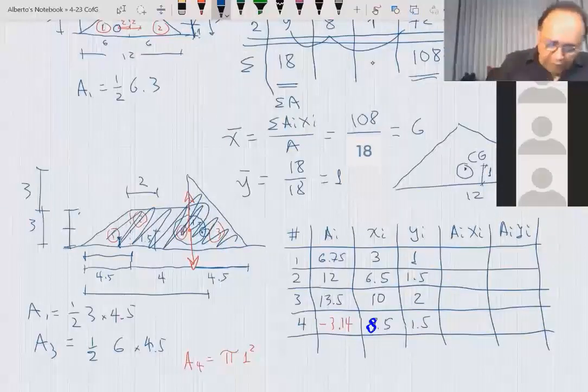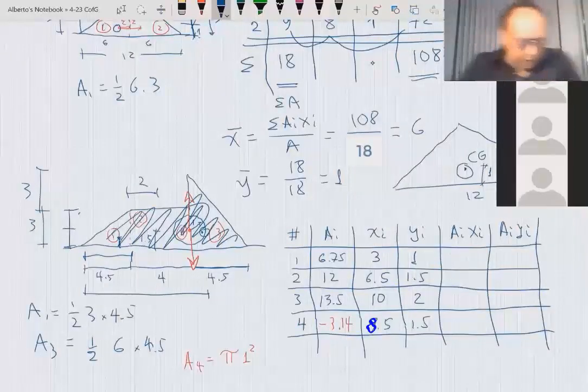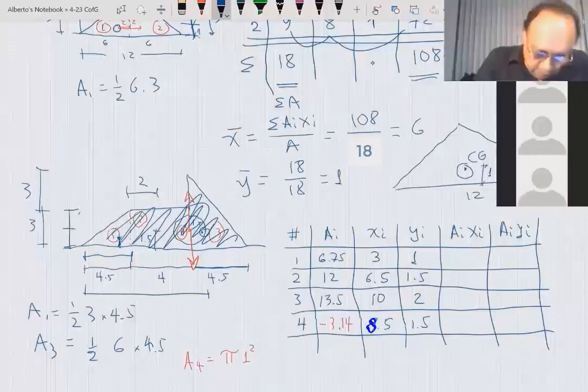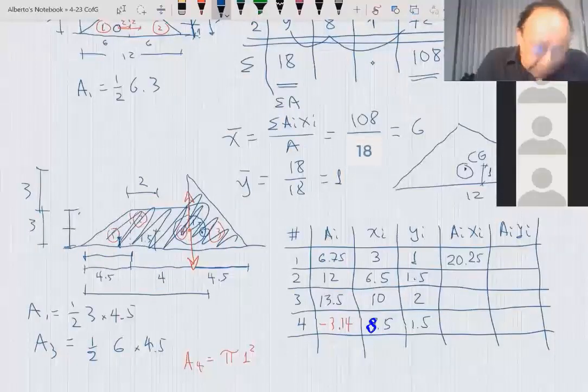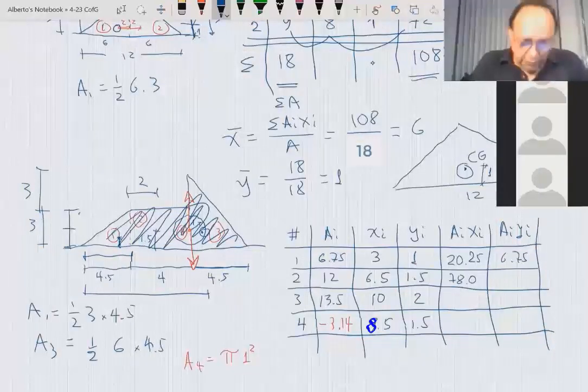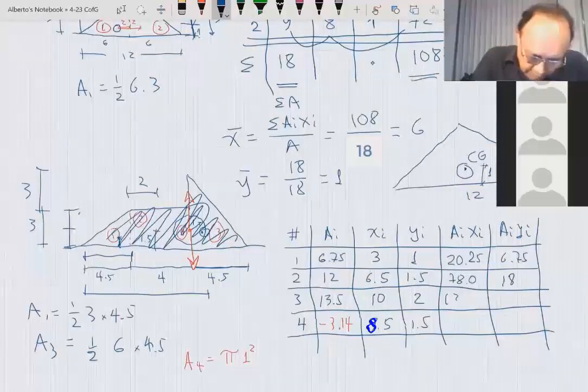So now you do the multiplications. I have the multiplications here, so I'm going to fill the table and you can check it later if you want. 6.75 times 3, 20.25. 6.75 times 1, 6.75. 12 times 6.5 is 78. 12 times 1.5 is 18. 13.5 times 10 is 135.